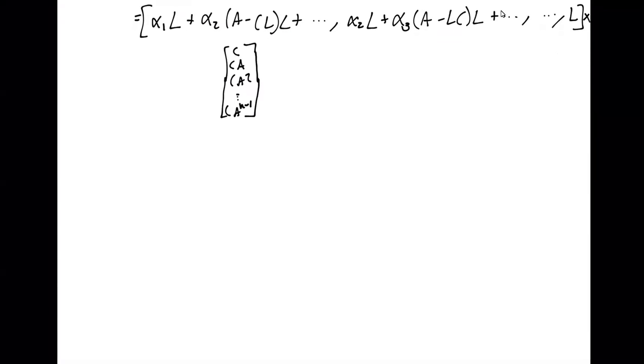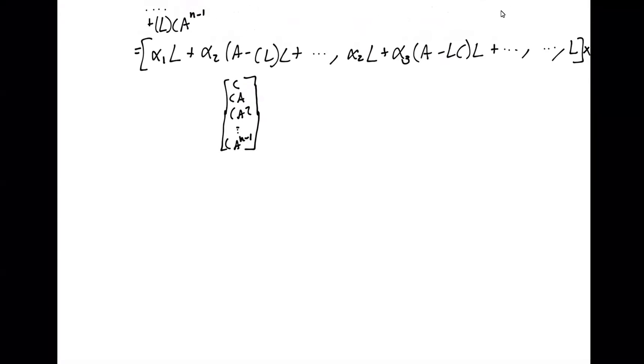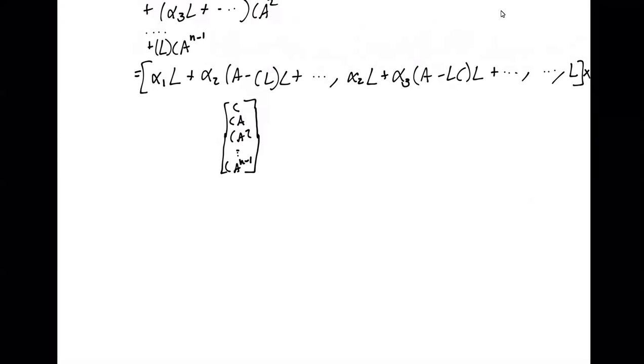All right, so then it implies that we can take this matrix right here and call this J. This is our observability matrix, which I defined as L in the previous lectures, but I realized that was a bad notation.